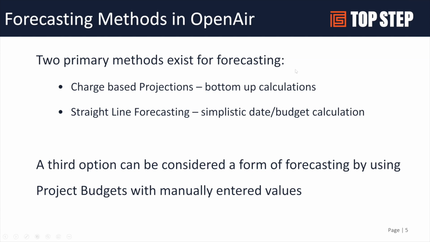There are basically two methods we see customers using, and they're not mutually exclusive. You can determine when to use one versus the other. But the most common is charge-based projections. Charge-based projections give you a bottom-up calculation.